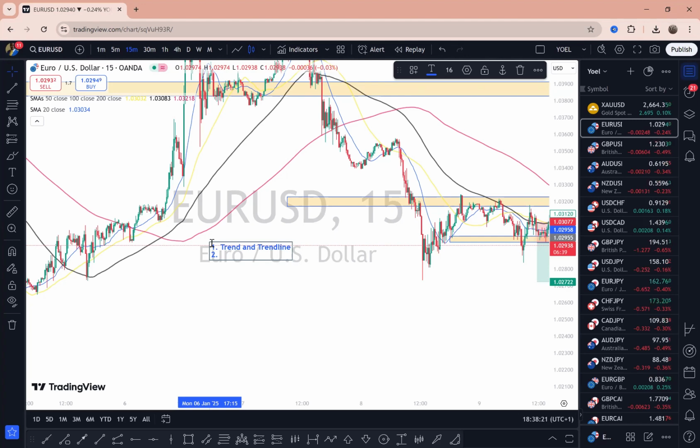Number two, I use chart patterns. Number three, I use candlestick patterns. Number four, Fibonacci retracement. Then I use moving average, or simple SMA, simple moving average.